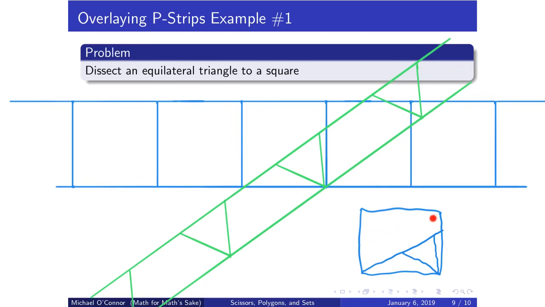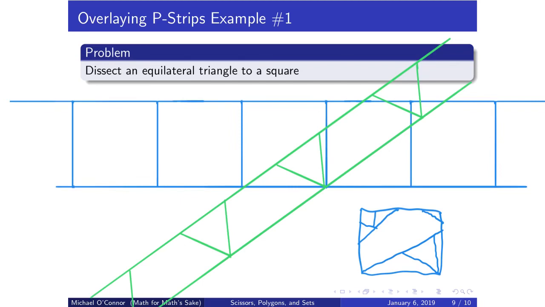This part of the square, this band here, is dissected by this part of the intersection. So it's something like this. This part is dissected by this. So it's like this. And I think that's it. I don't think I missed any part.